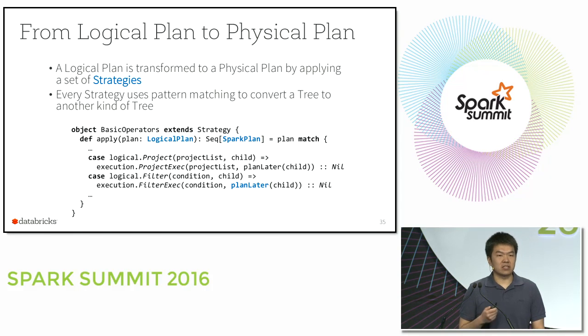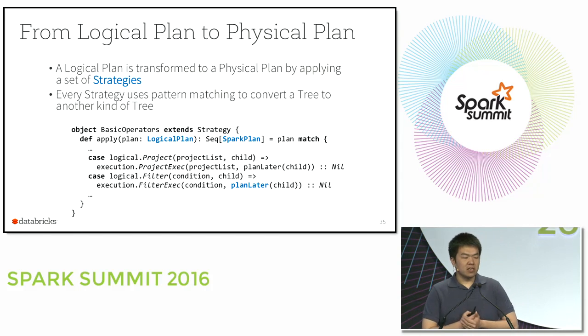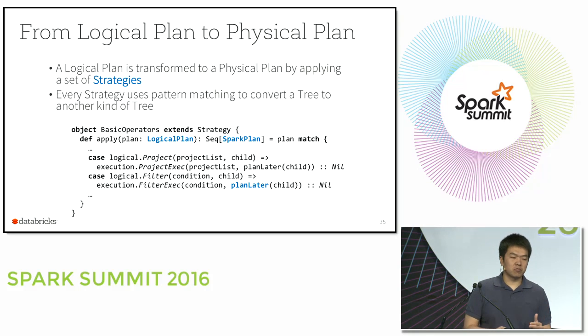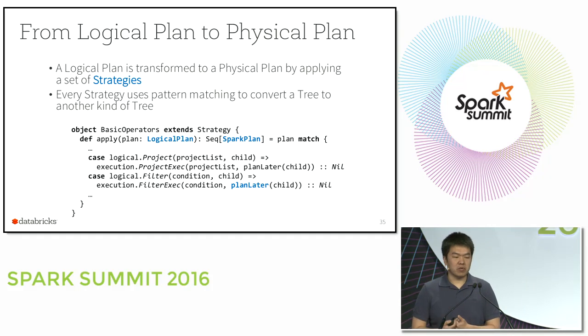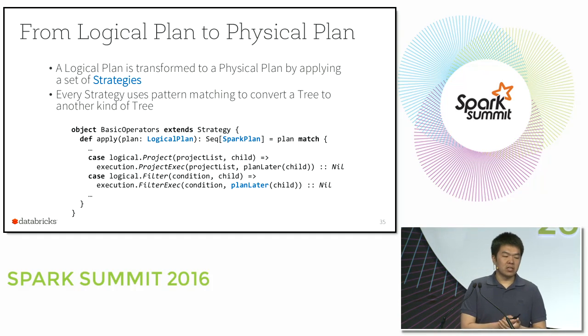Here's an example. It's a very simple strategy called basic operators. Here, you can see there are 2 rules. The first rule is we convert a logical project operator to a physical project operator. And the second rule is we convert a logical filter operator to a physical filter operator.